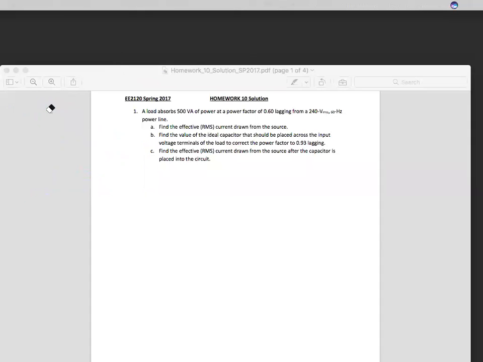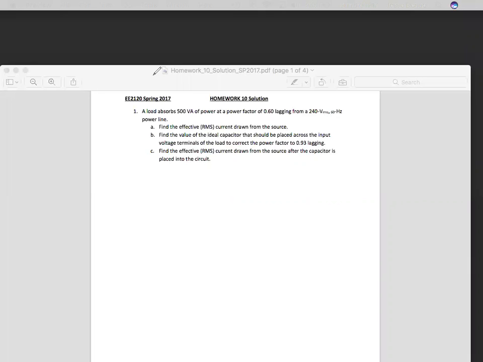Let's work on the problem now. Okay, so the problem is a load absorbs 500 volt amps of power at a power factor of 0.6 lagging. Now, some people might be listening to this and have never heard of volt amps.